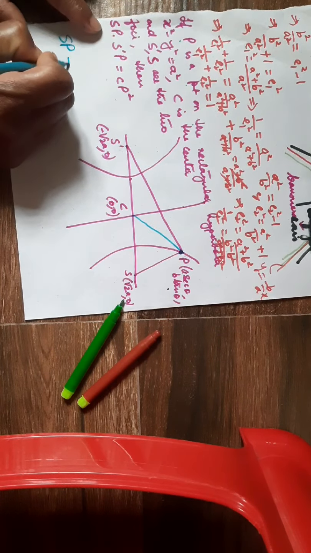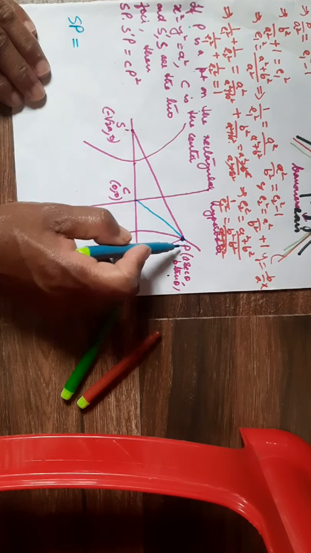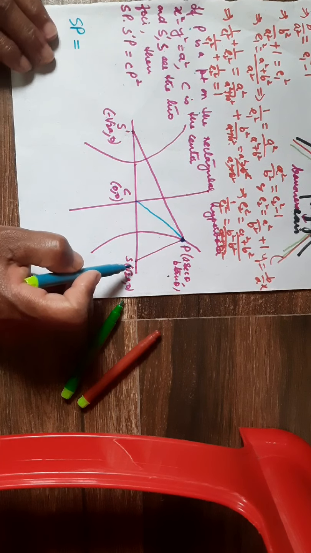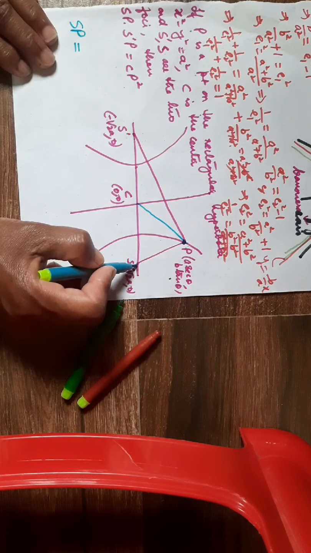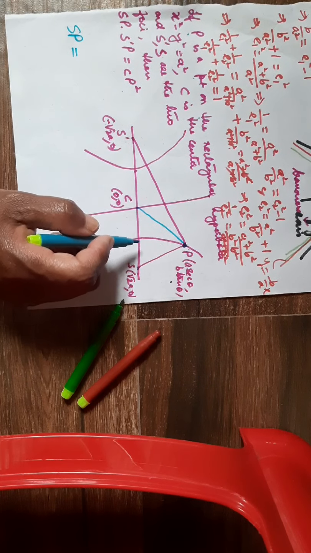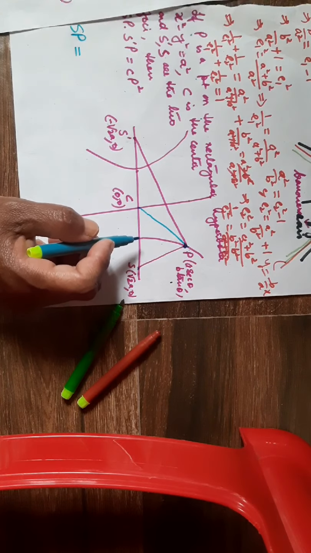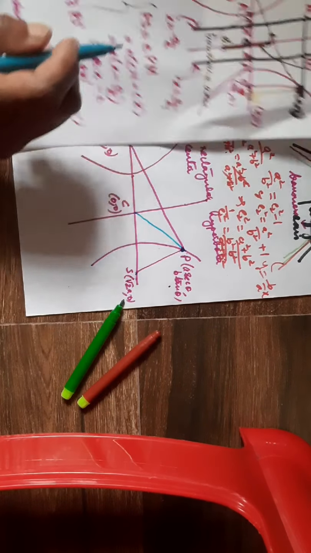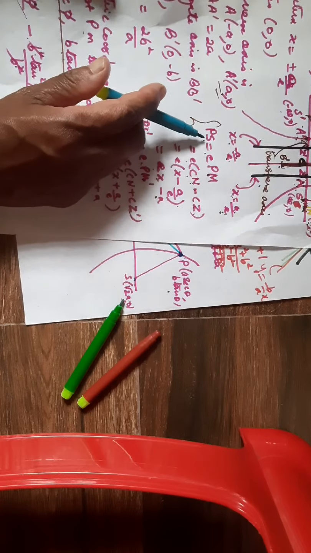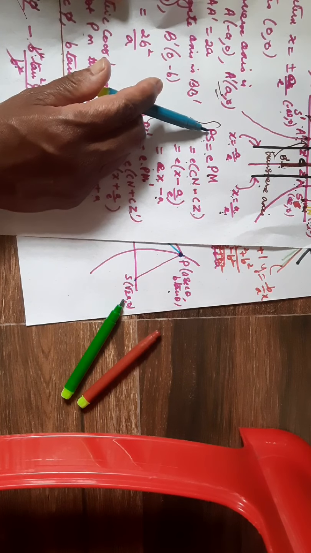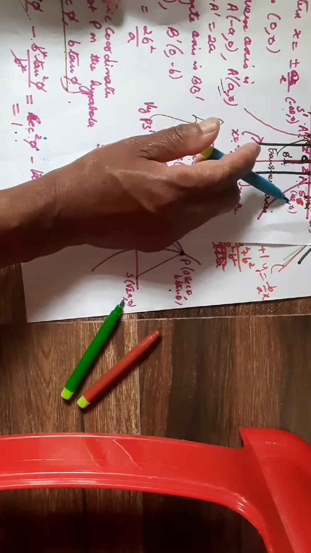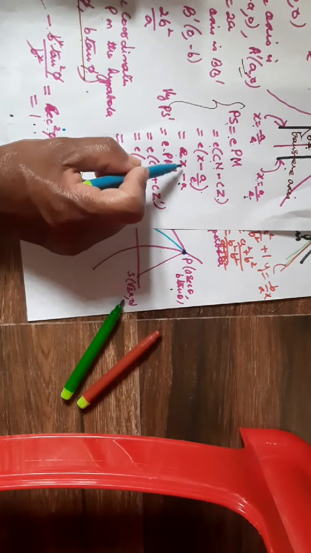What is SP? By distance formula, we know the coordinates of P and the coordinates of S. But we can also, if you remember, from the standard equation of the hyperbola, the distance of the point P from the focus (ae, 0) is given by the relation ex minus a.